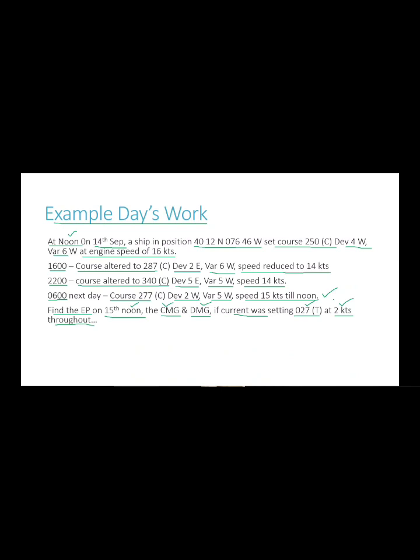देखो जो पहला स्टेप है बेटा, इन्होंने हमें क्वेश्चन में कंपास कोर्सेज दिए हैं. तो वी विल हैव टू कन्वर्ट दोज कंपास कोर्सेज टू ट्रू कोर्सेज एंड ट्रू टू क्वाड्रेंटल नोटेशन. So let's do that. Let's make a table where we can do this conversion.